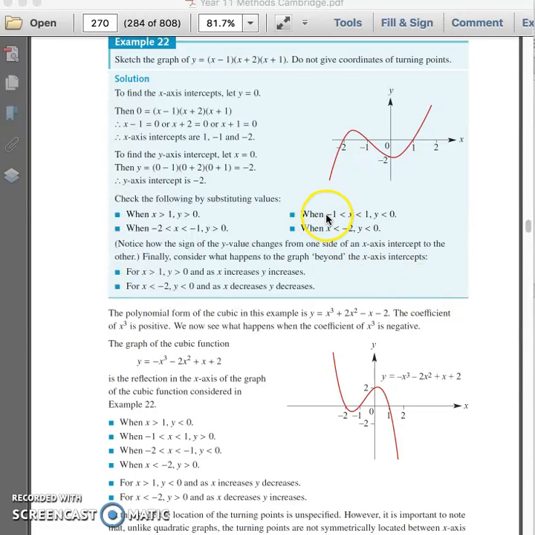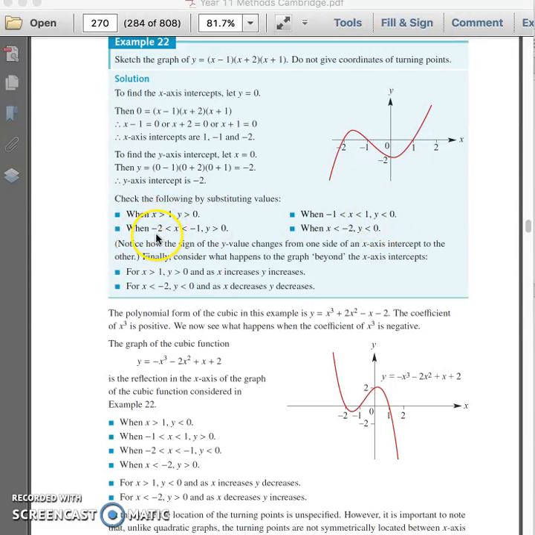So that's that section of the graph. The next section is between -1 and 1, so that's here. So we could substitute in 0, because that's a number in between there. Could substitute in -0.5, but that'll be really annoying to work out. And so when we substitute in 0, we knew that we got the answer of -2, so y is less than 0.